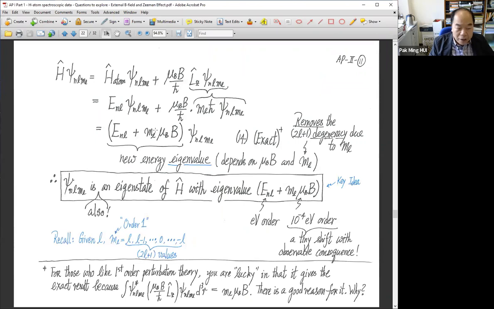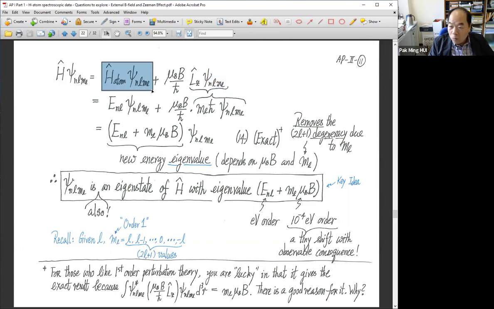We demonstrate it in one line. The Hamiltonian has the atomic Hamiltonian along with the extra term. We operate this on the atomic eigenfunctions on both sides, on both terms, so we have this new part.